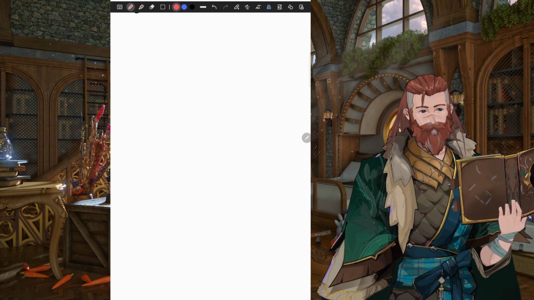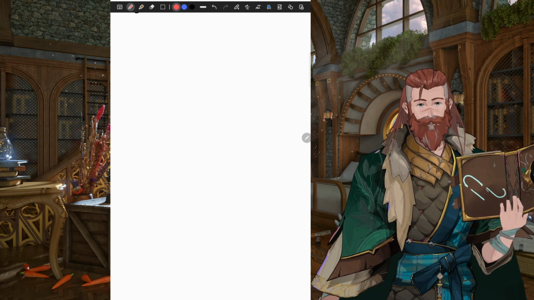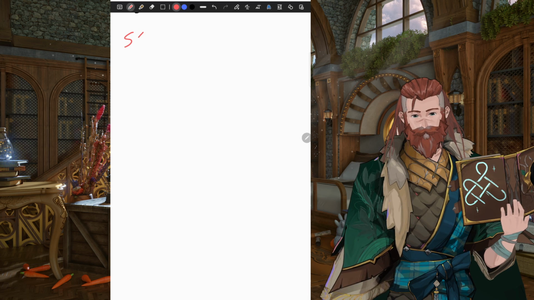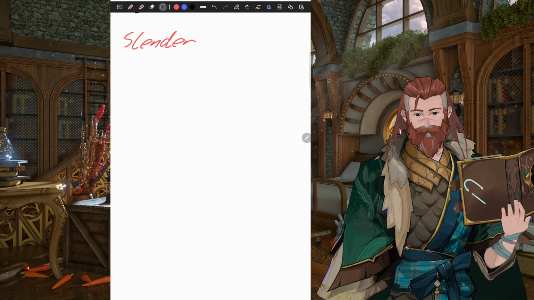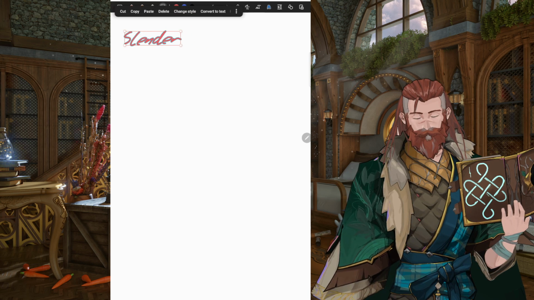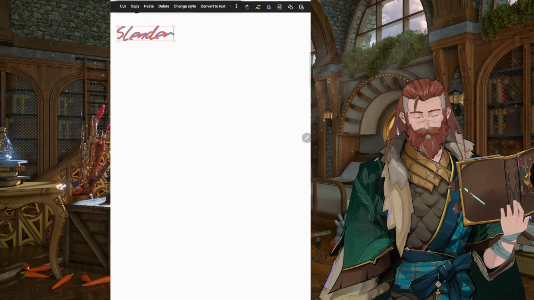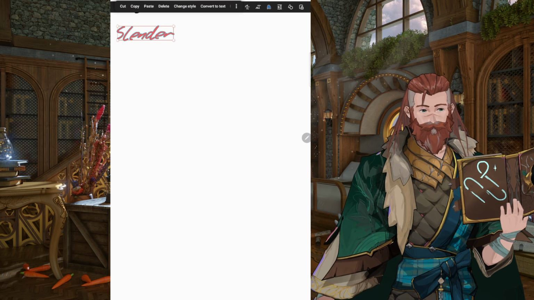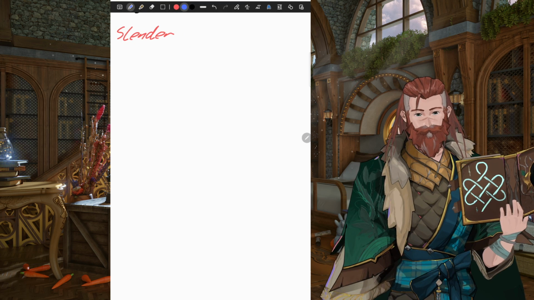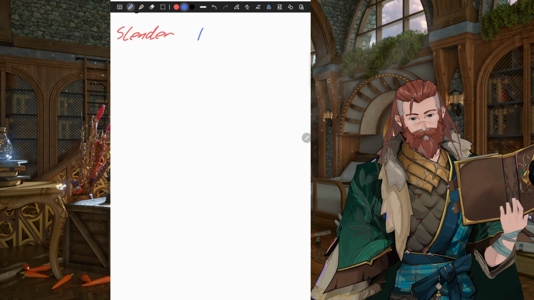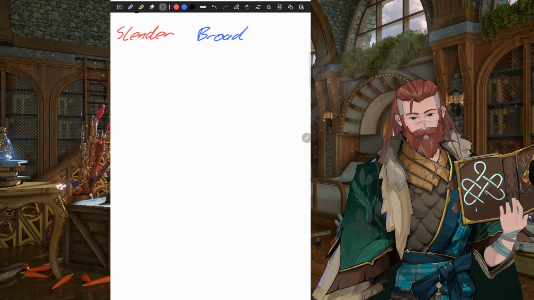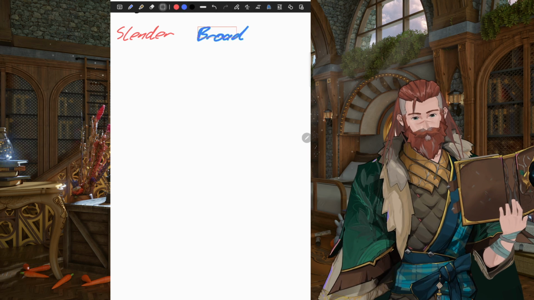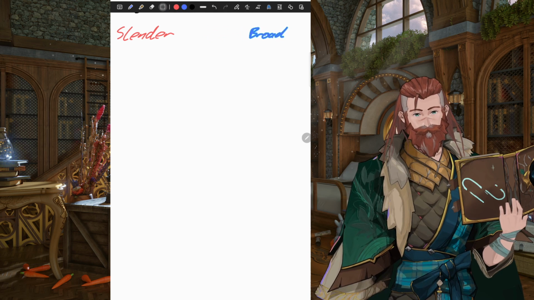So for this little section, we'll be using a little color coding. For slender syllables, we'll be using this nice red. And for broad syllables, we'll be using this nice blue.